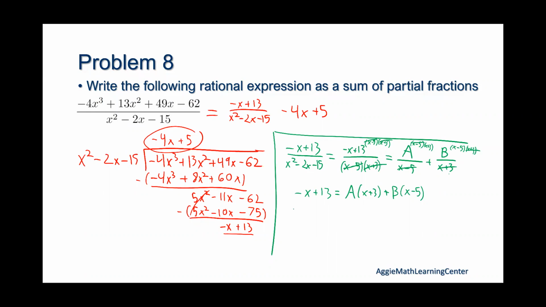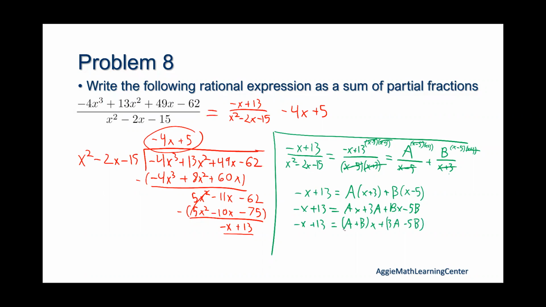Yeah. So negative x plus 13 equals ax plus 3a plus bx minus 5b. Then I'm combining like terms. This is how I usually think of it: a plus b times x, plus 3a minus 5b.